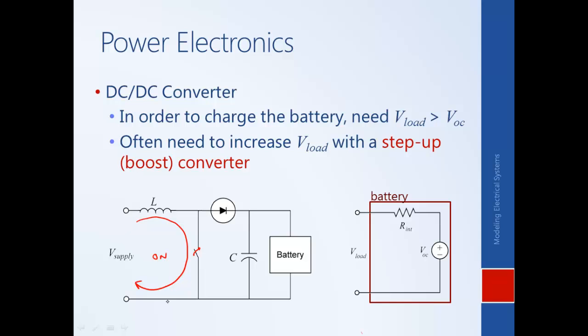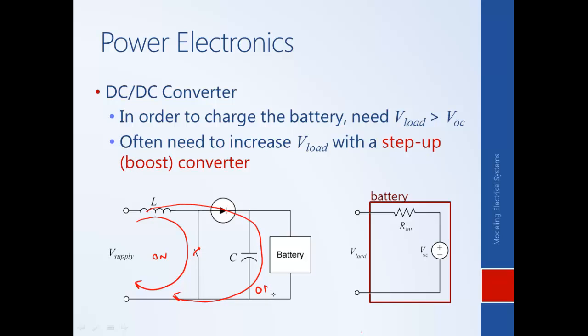As the current is flowing through the inductor like this, the energy stored in the inductor increases. When the switch is then opened, this is an open circuit and current can't flow this direction any longer. And so the current flows through the outer loop.